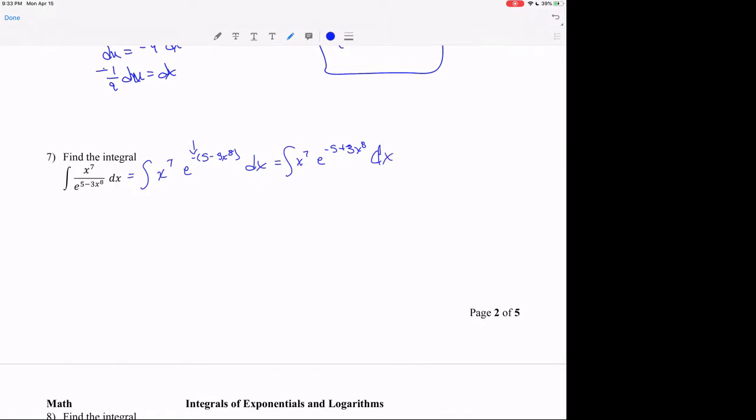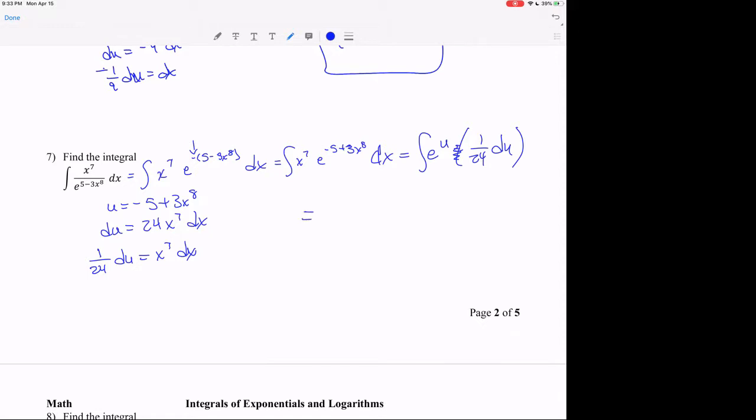Okay, now you want to let u equal negative 5 plus 3x to the 8th. Then du equals 24x to the 7th dx. So then you have 1 over 24 du equals x to the 7th dx. Right? Now you substitute. So you have the integral of e to the u times 1 over 24 du.